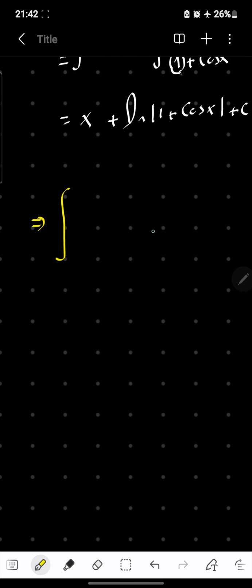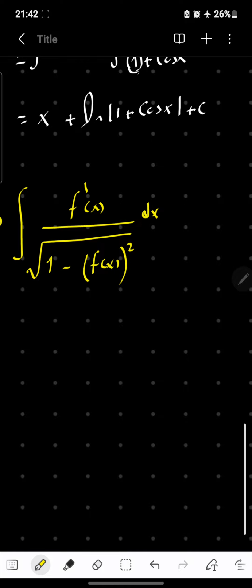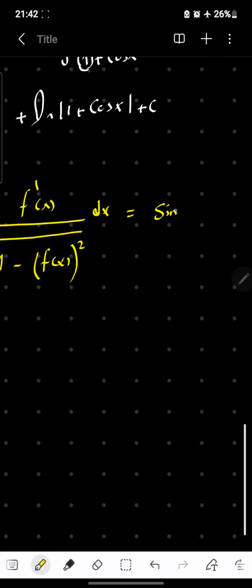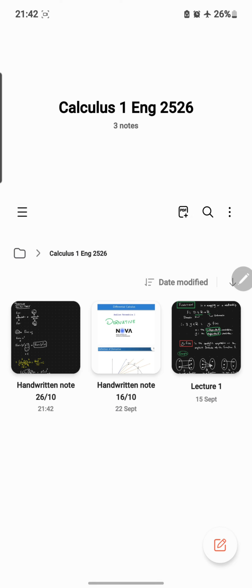What if I face this integral: square root in the denominator of 1 minus f of x squared, where f is a function, and we have its derivative in the numerator? If we face this form of integral, it will be sine inverse, or you can write it arc sine f of x plus c.